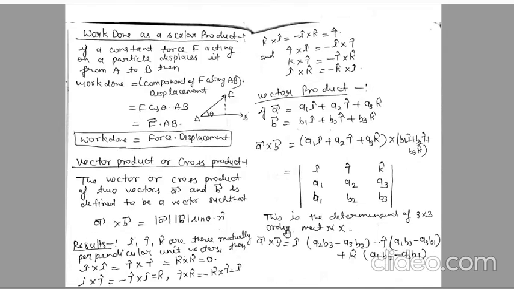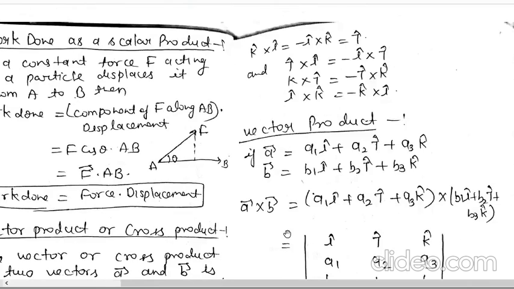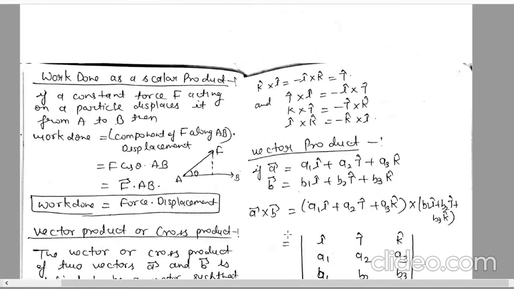Now work done. Next topic is work done as a scalar product. If a constant force F acting on a particle displaces it from A to B, that means this is A and B, and there is a force acting on the particle.